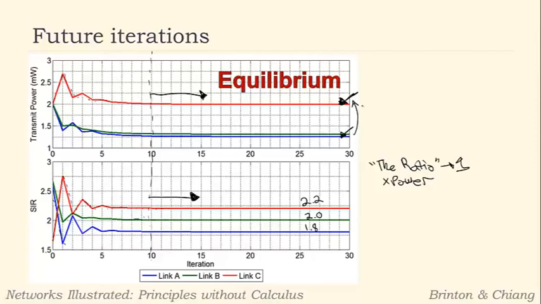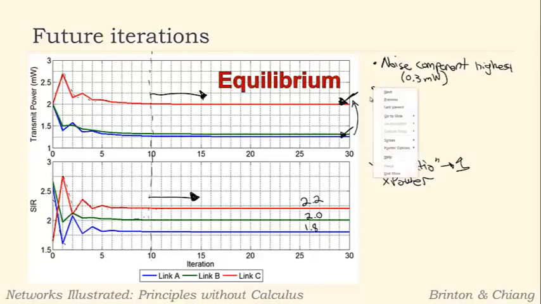Well, for one thing, we saw that it has the highest noise component, if you looked at it. The noise component is the highest, and that was at 0.3 milliwatts as opposed to the other ones. So it has the highest noise component. That's the first point. The second is that it has the highest interference gains from other links.